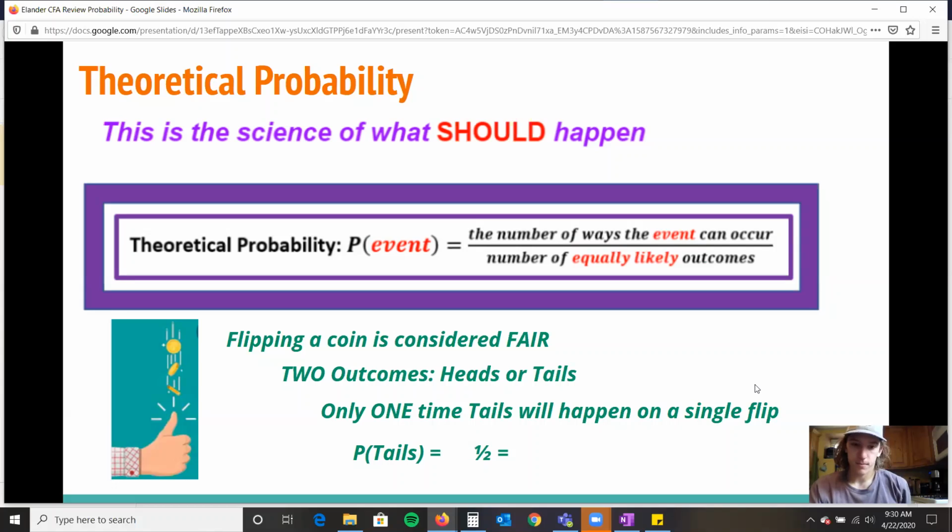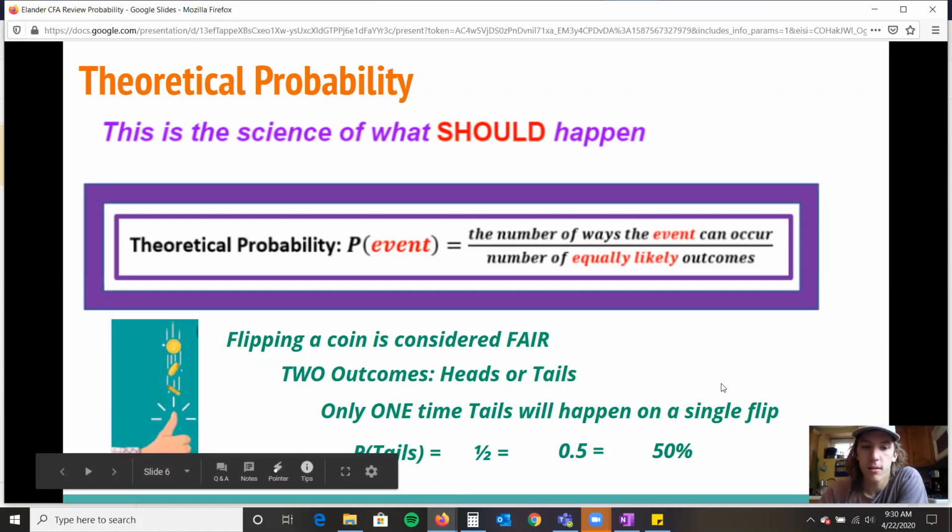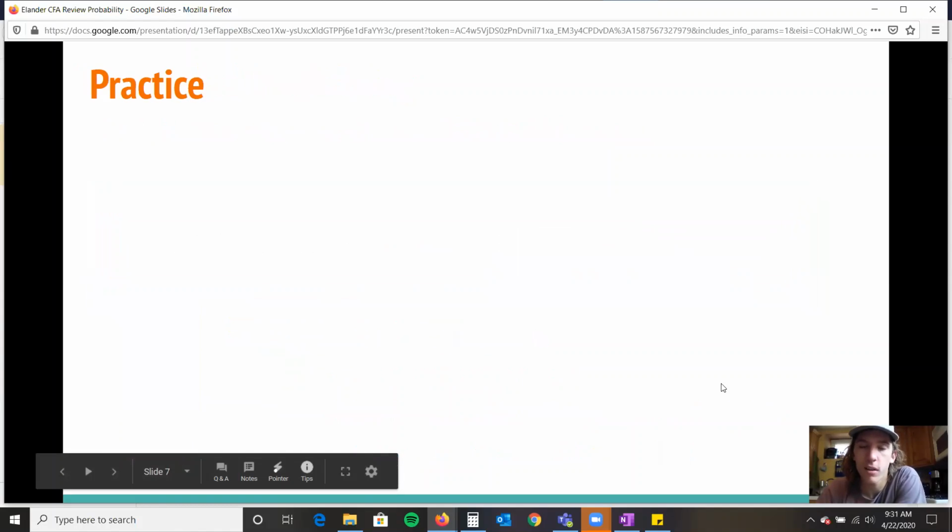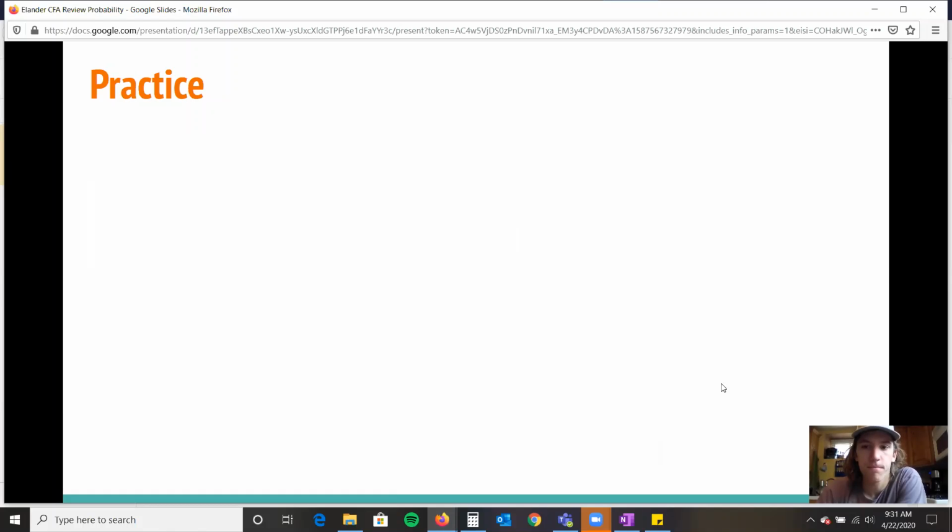There's only one way to get it. The number of ways an event can occur: there's only one way you can get tails, and there are 2 total outcomes. So 1 out of 2 equals 0.5 or 50%. So that was theoretical. We didn't have to do an experiment. We didn't have to flip, flip, flip. We just had to think about it, reason through it, know what the situation was.